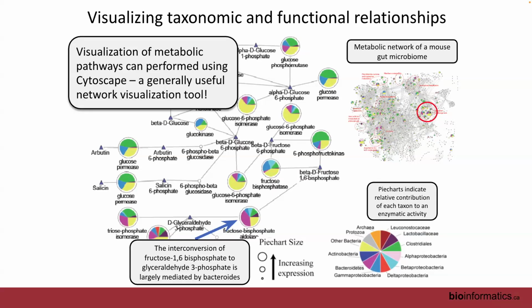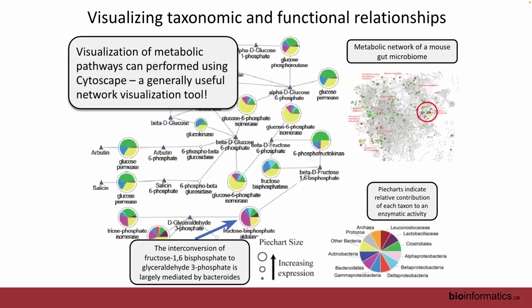So skip to the end if you need to, because Cytoscape is just such a fantastically useful visualization tool that's interactive, enables you to explore your data. And it's basically allowing you to represent your data as a network. So you could use a heat map or you could use a network, and networks are way nicer to look at. In addition, within your network, you can have these nodes represent multiple kinds of features.